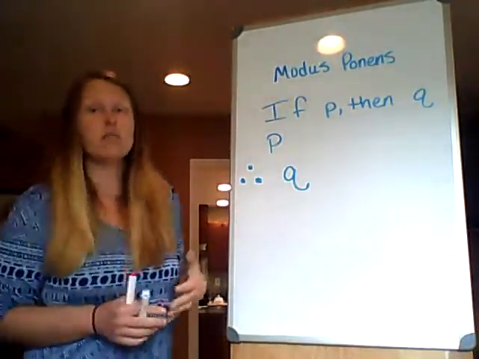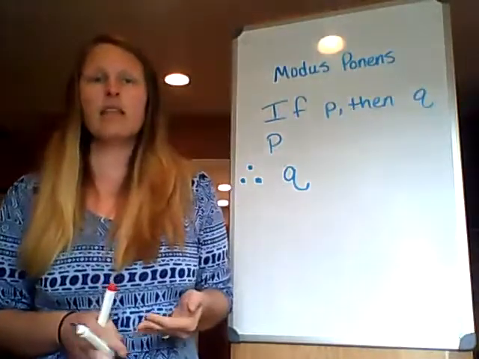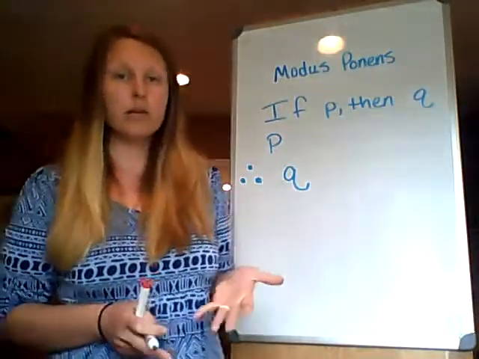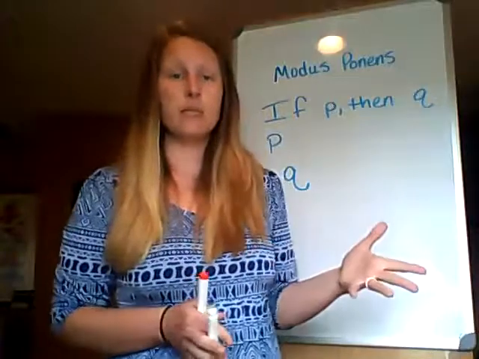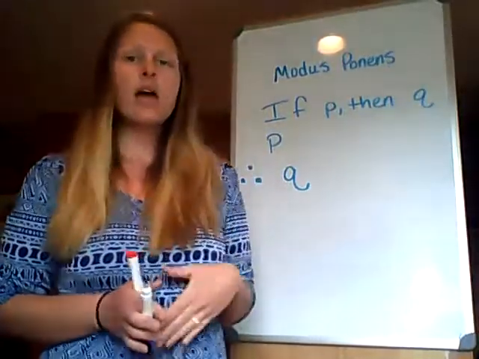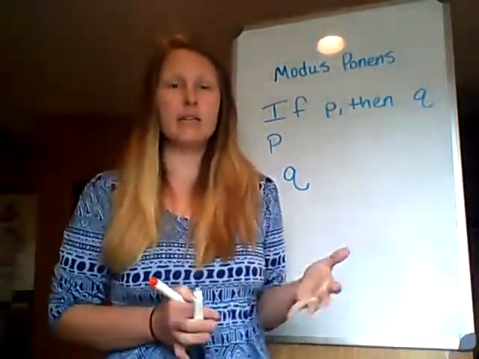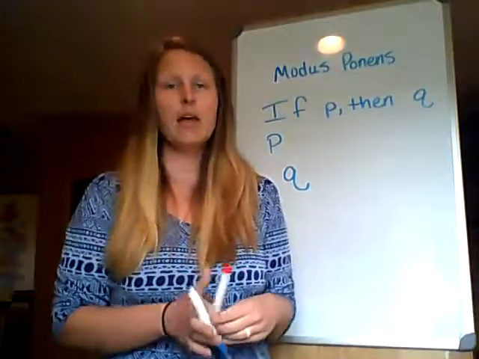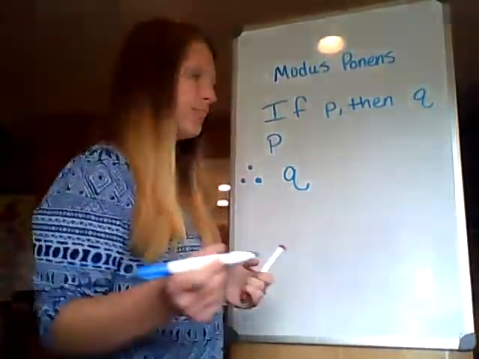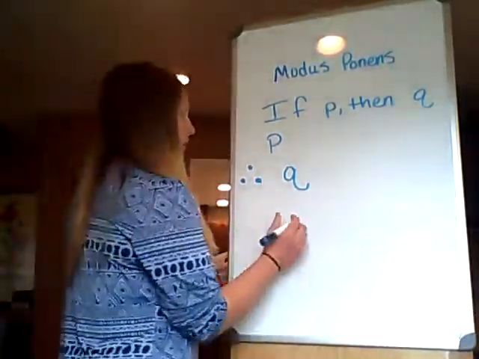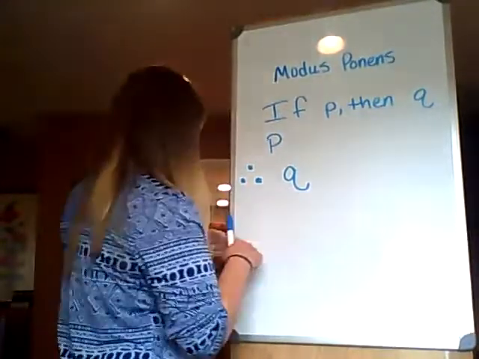There are ways to use symbols to represent this, so we don't have to use words. So here are the symbols for that. The symbol to represent a conditional or hypothetical statement looks like a horseshoe, and it looks like this. I'll use red.